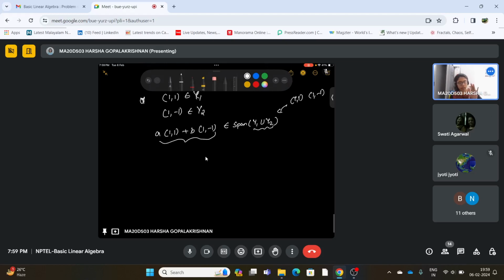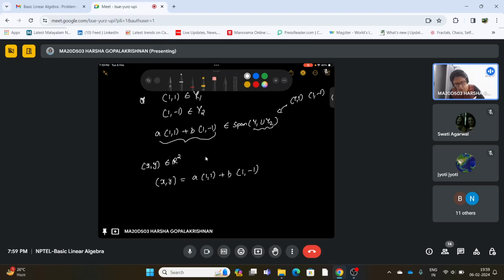Now let me take any element (x, y) in R2. I am going to prove that I can write (x, y) as some a into (1, 1) plus some b into (1, -1). For what a and b can I write (x, y) as a linear combination of (1, 1) and (1, -1)?